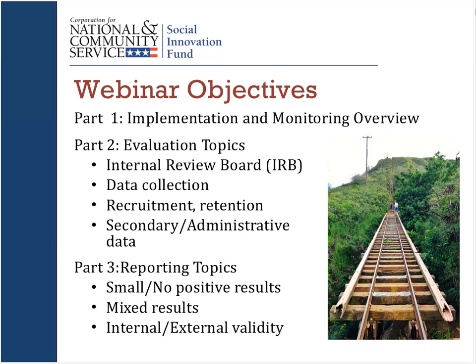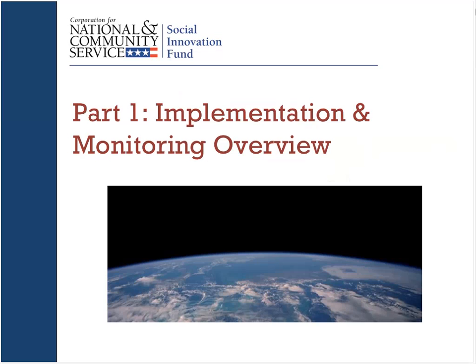But there've been questions about how reports should be approached and structured when there are specific issues like having no significant or positive results, having mixed results, and when there are circumstances that mean that the internal and external validity of the study is lower than planned. So how should those reports be structured and approached under those circumstances? With that overview, I'd like to briefly describe the different aspects of a project that may need to be monitored.